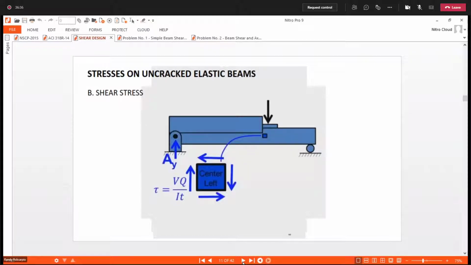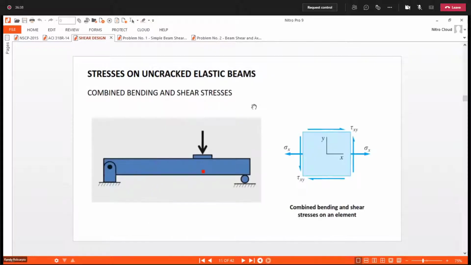And then if we combine the bending and the shear, considering an element here, remember that our element, if we consider bending stress, is under tension. So your bending stress is actually a tensile stress, sigma x.